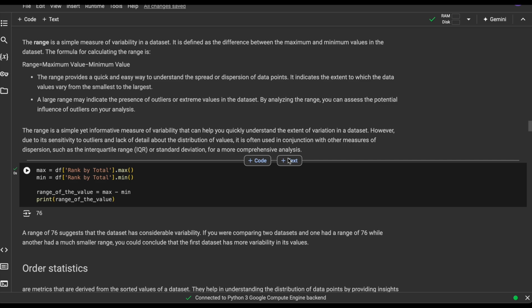Range only considers the maximum and minimum values, so a single outlier can greatly increase the range, potentially giving a misleading sense of the variability. Lack of detail: the range does not show how the data points are distributed. Other measures like variance and standard deviation provide more detail about the data distribution.